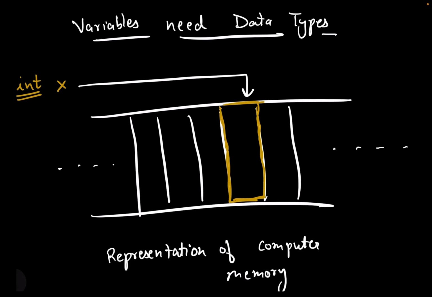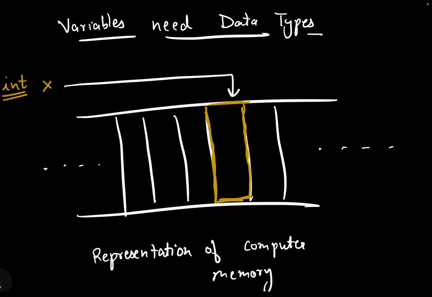One thing that we've missed out in declaring a variable that is really important is that anytime you declare a variable, it also needs to have a data type associated with it. What this data type does is it tells the computer which kind of data is going to be stored in that memory location which the variable points to.